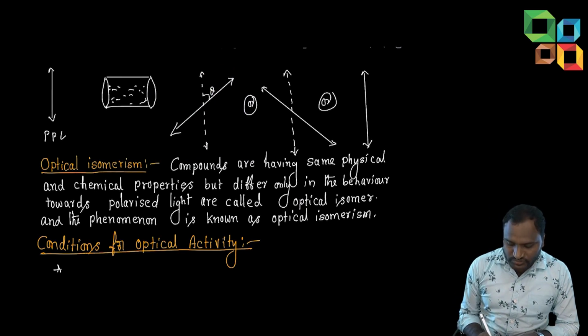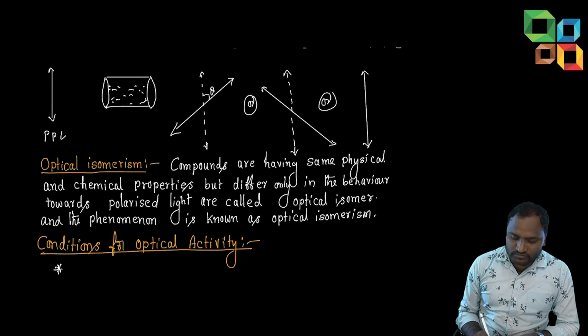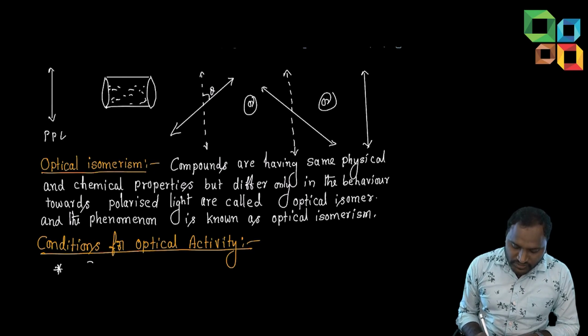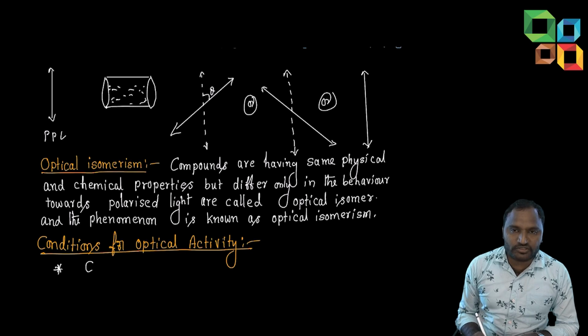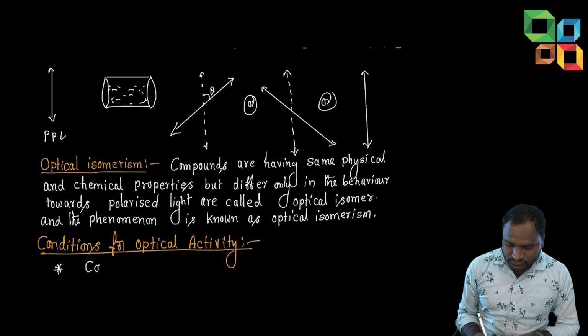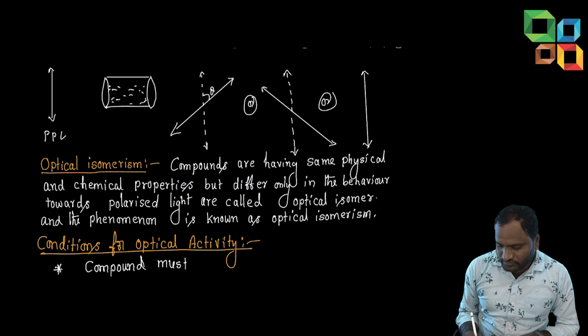First condition: the compound must contain at least one chiral carbon.